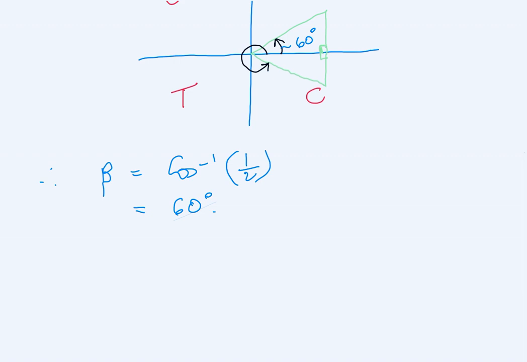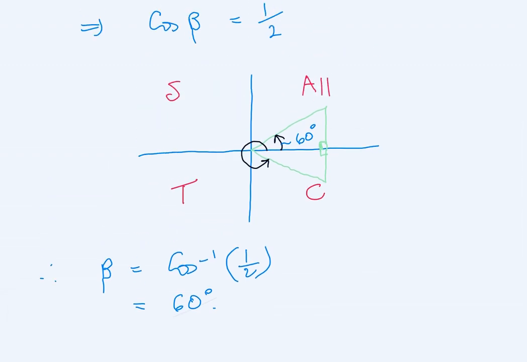Again, just to remind ourselves of how this works, we know the following. Obviously, in the first quadrant, we have our reference angle. In this case, since we're solving for beta, we can call it beta.